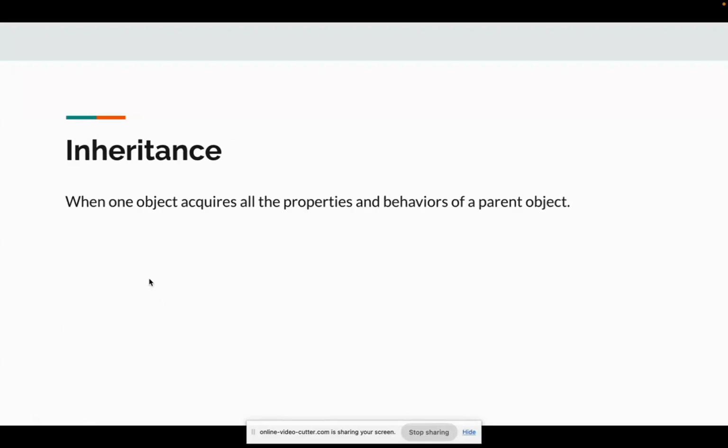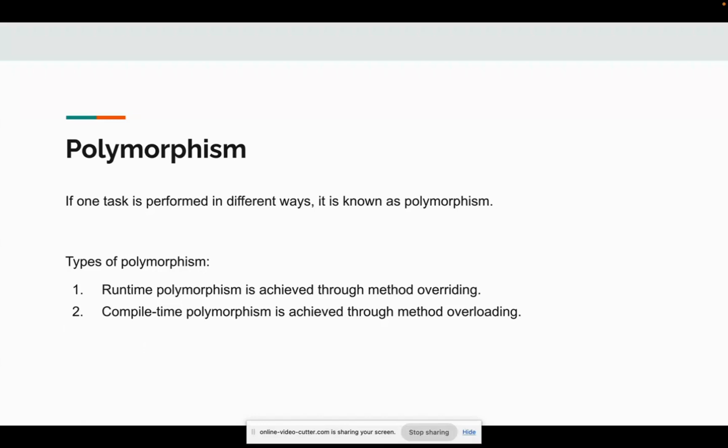And then what is inheritance? When one object acquires all the properties and behaviors of a parent object. Now here is polymorphism. If one task is performed in different ways, it's known as polymorphism. There are two different types of polymorphism. The first one is runtime polymorphism, which is achieved through method overriding, and compile-time polymorphism is achieved through method overloading.